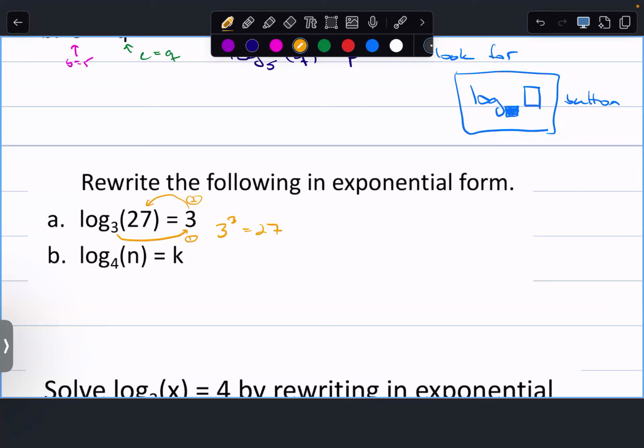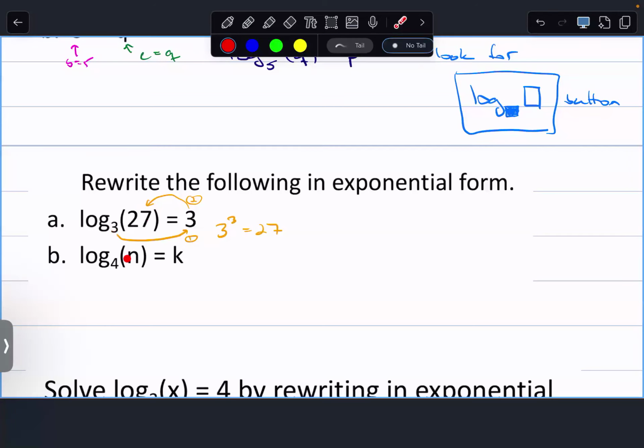And you can check to make sure that's true. 3 to the power of 3 is 27. So just getting used to that movement of 3 to the power of 3 equals 27 is going to be useful. How about the next one?